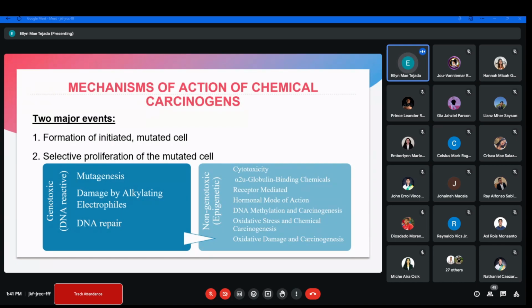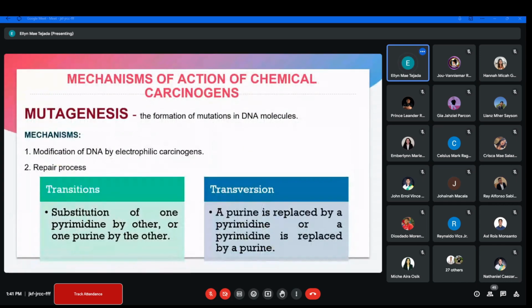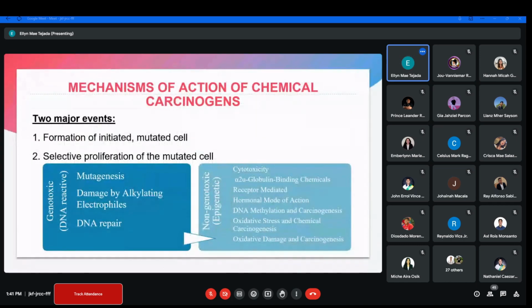This is based on their relative abilities to interact with the genomic DNA. So under your genotoxic, we have mutagenesis. I know this is no longer new to you. Just a recall: damage by alkylating electrophiles and the DNA repair.